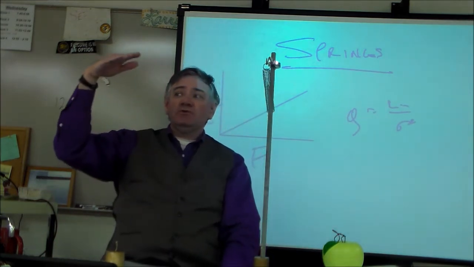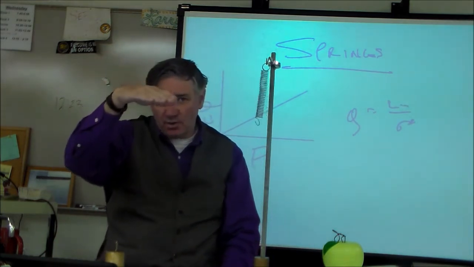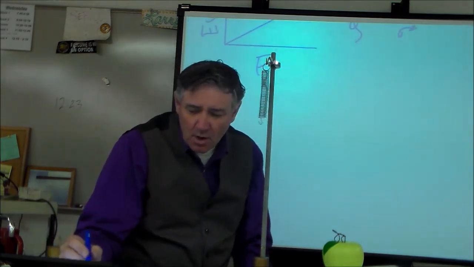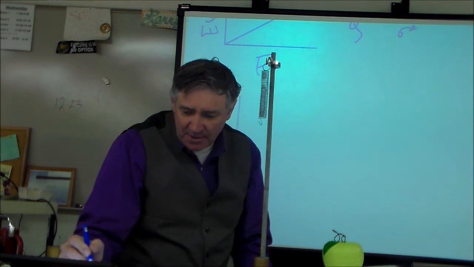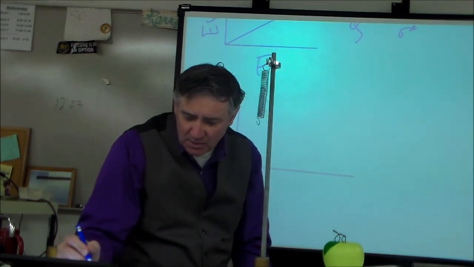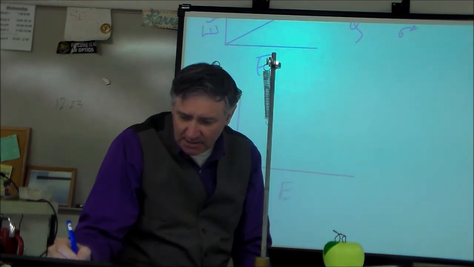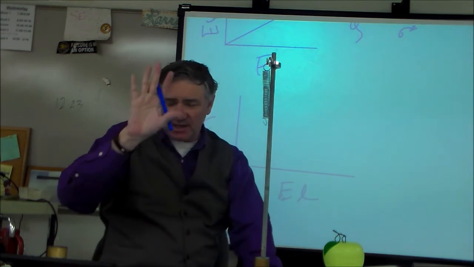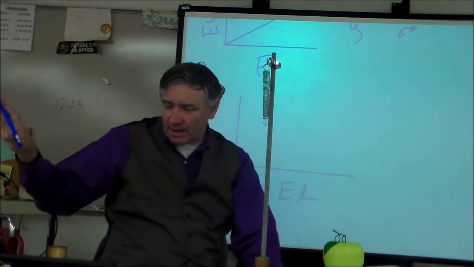So when you do graphs for energy, and you'll see why this works in just a second, we've got to switch it up. We've got to put force on the y-axis and elongation on the x-axis. That's the first shift you have to make, because this is the only way the units will work out.